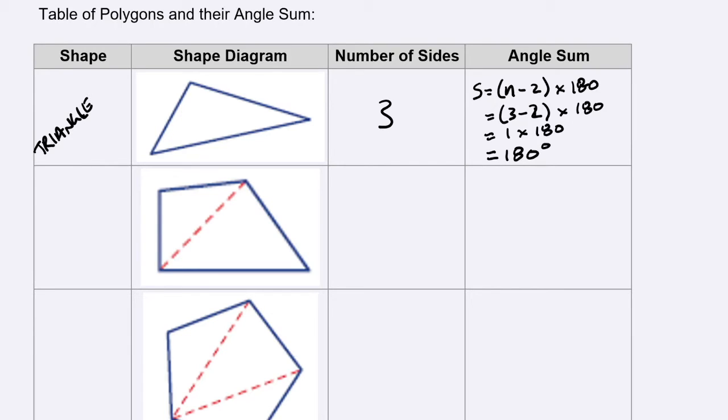And this matches up very nicely with what we've spoken about before when it comes to triangles. Very similar with our next shape, which is a quadrilateral. So that's our 4-sided shape. All right, and we go through the motions again to find our angle sum of this one.